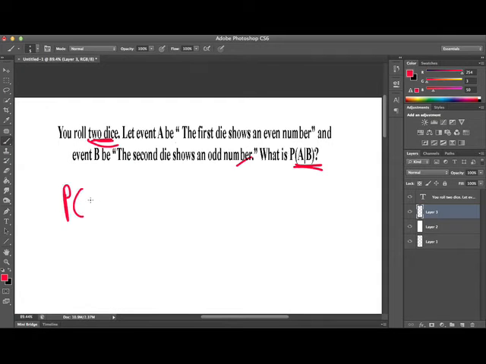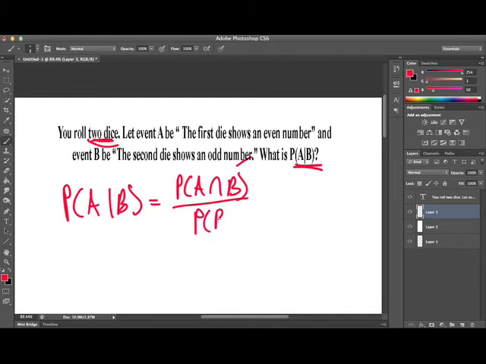So we have the probability of A such that B is equal to, and you're going to have to use A and B over the probability of B. So your A is going to be, we'll say, even number.